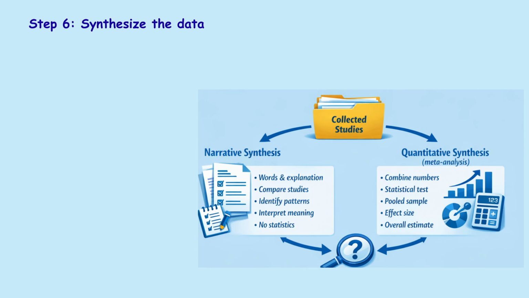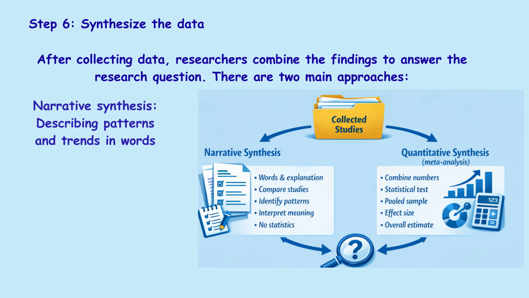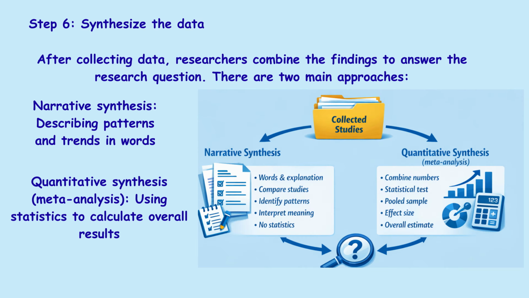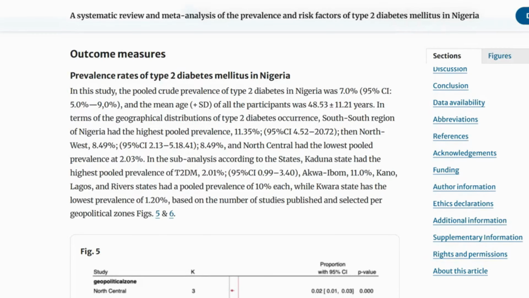Step 6. Synthesize the data. After collecting data, researchers combine the findings to answer the research question. There are 2 main approaches: narrative synthesis, describing patterns and trends in words; quantitative synthesis, meta-analysis using statistics to calculate overall results. For example, the Nigeria study used a random effects meta-analysis to calculate the pooled prevalence of T2DM, which was 7% overall.